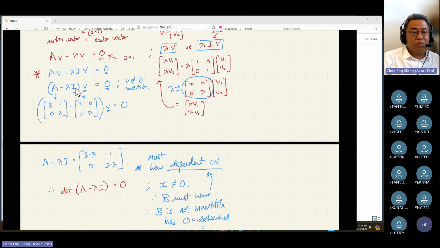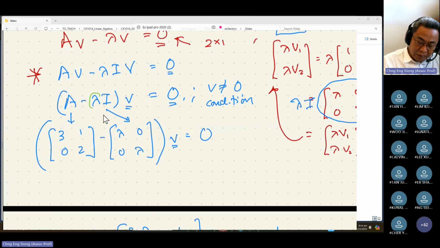But we have two unknowns, right, guys? Here's one unknown, here's one unknown. How do we solve? We couldn't solve. So the clever idea is that we know the condition: this guy has dependent columns for non-zero V, because the right hand side is 0.